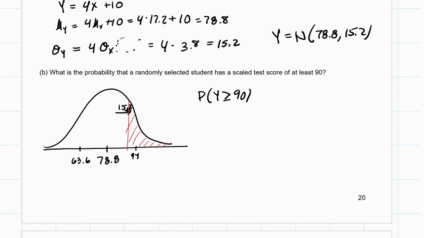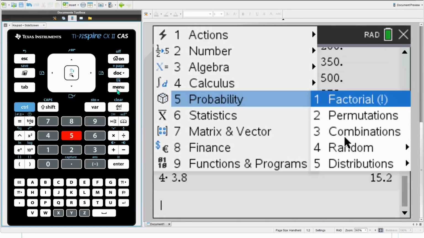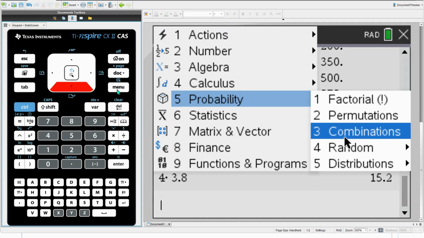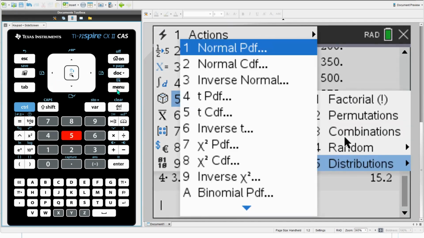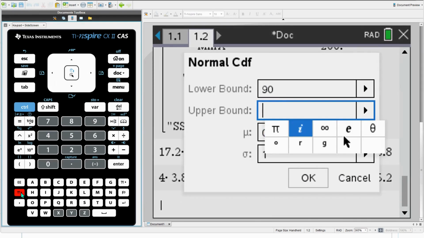How do we calculate that? Well, based on our earlier work, we can go to the calculator, menu, probability, distributions, and we're going to use the normal CDF. Our lower bound is 90. Our upper bound is infinity. Find the infinity under the pi button.